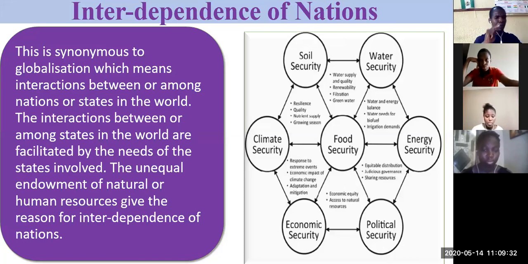It is possible for a particular country to have food security, that is, have enough food, and for another country not to have that food. If you don't have the food, that does not invalidate your independence as a country. Then there's need for you to relate with a country that has that food sufficiency.